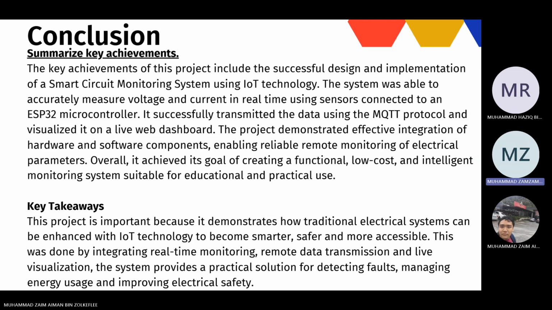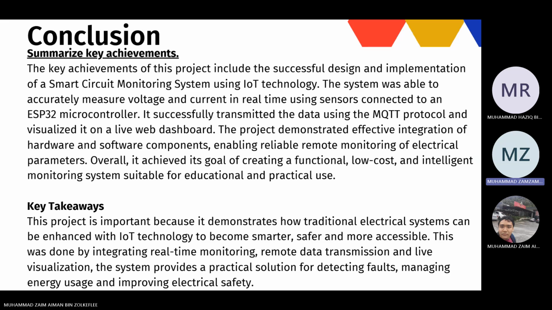In summary, the key achievement of this project includes the successful design and implementation of a smart circuit monitoring system using IoT technology. The system was able to accurately measure voltage and current in real time using a few sensors connected to the ESP32 microcontroller.